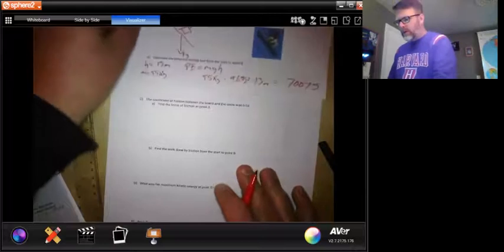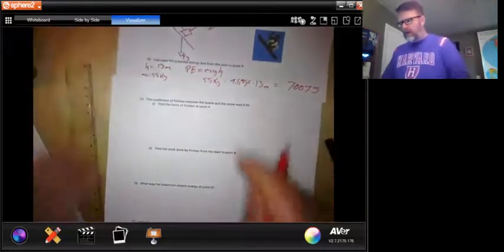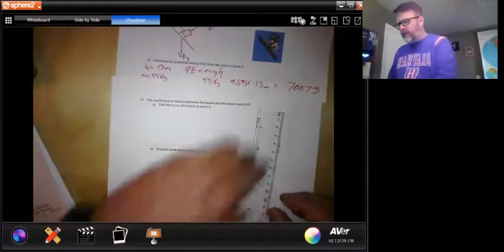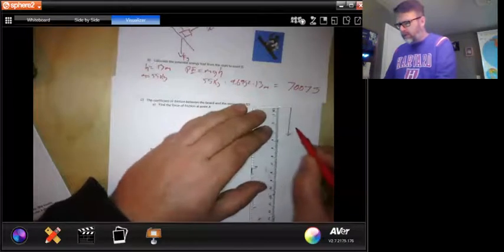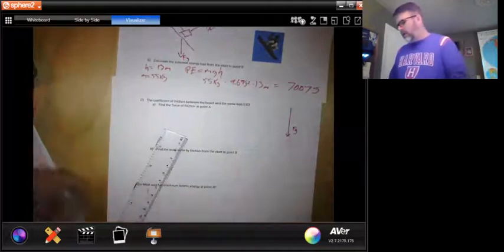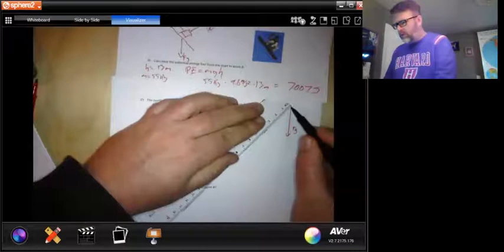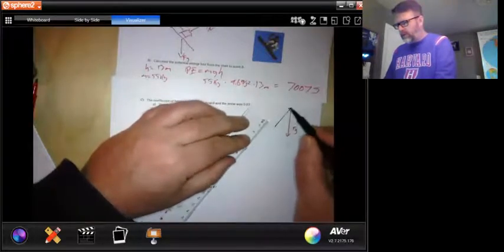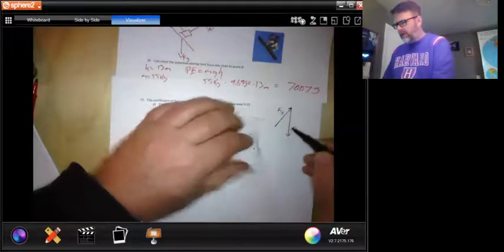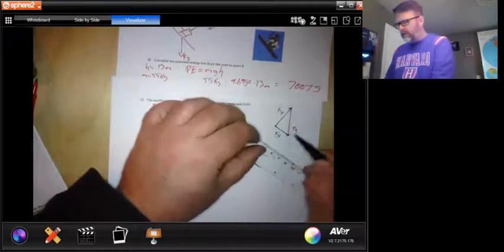We have the force of gravity this way, then force normal going perpendicular to the surface, which is our force in the y, and then we have our force in the x.